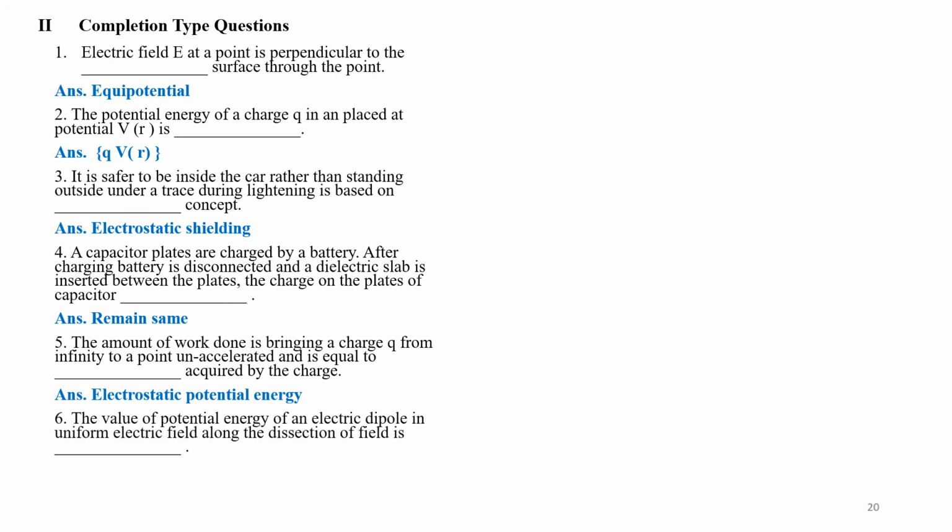Please remember this. The value of potential energy of an electric dipole in uniform electric field along the direction of field is U is equal to minus PE. Electric field is always perpendicular to the equipotential surface.